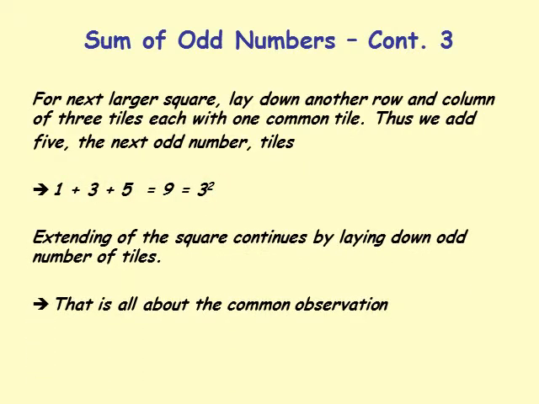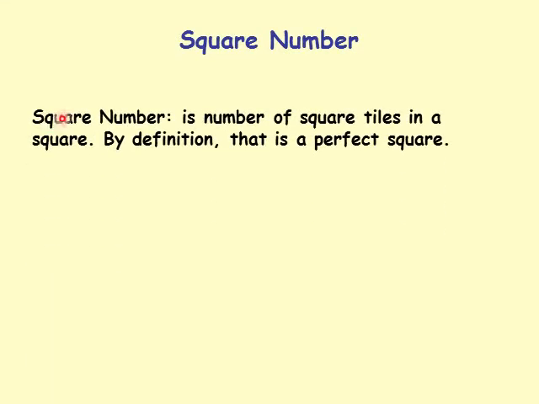Let's continue. Extending the square continues by laying down an odd number of tiles. The book has a definition of a square number here. A square number is the number of square tiles in a square. By definition, that is a perfect square.